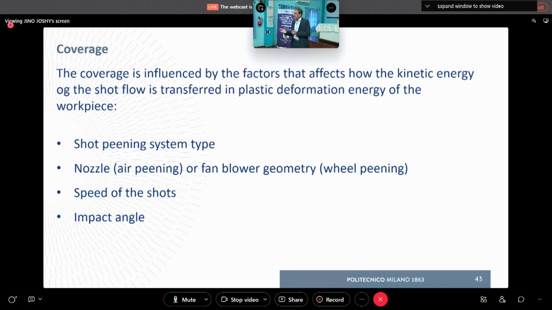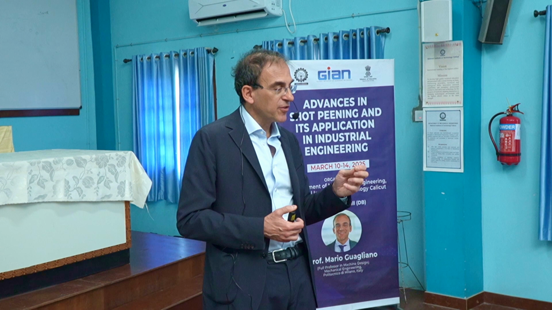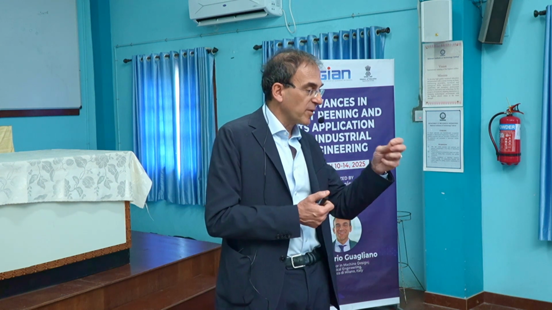The shot peening system type: the shot peening plant is influencing the coverage and the way the peening indentations are distributed. So this means either the nozzle that is directing the shot flow, or the geometry of the fan blower, if this is a wheel peening machine.